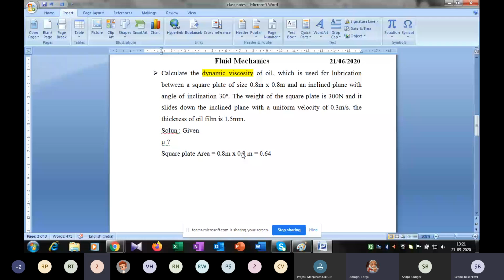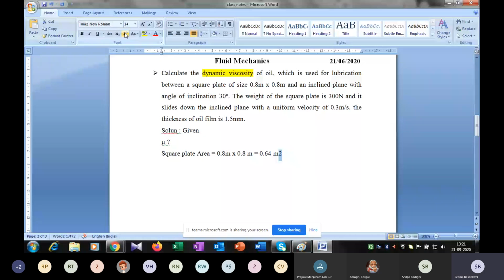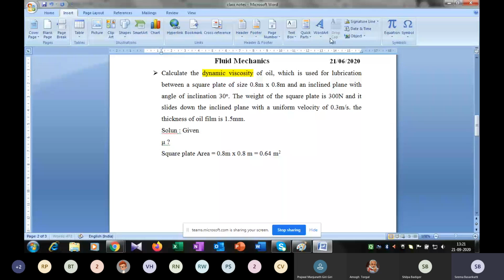Meter square. Okay. So now, what is the other thing they have given here? Angle of inclination. Angle of inclination is indicated by the symbol theta. So I am going to take theta as 30 degree. That's correct.